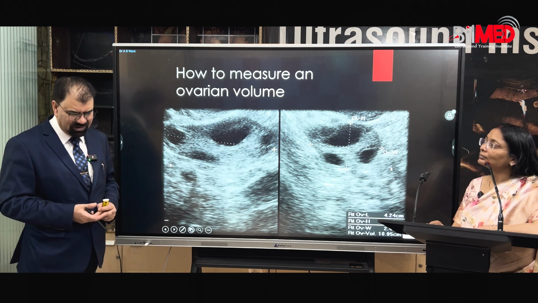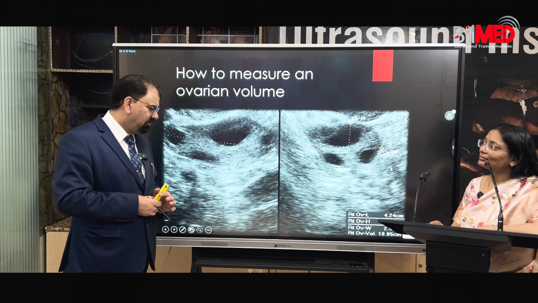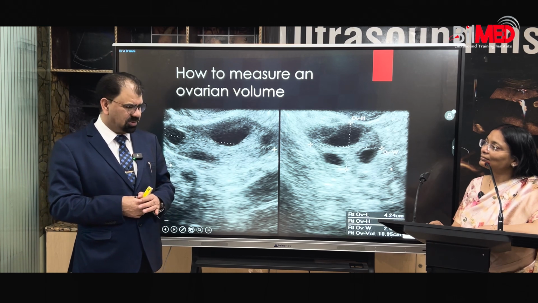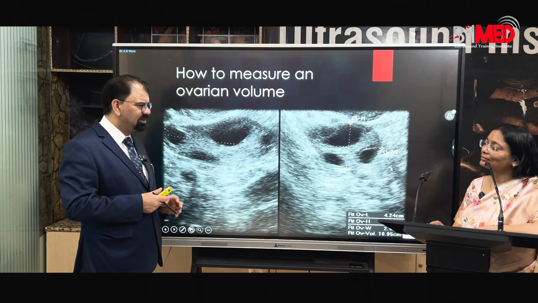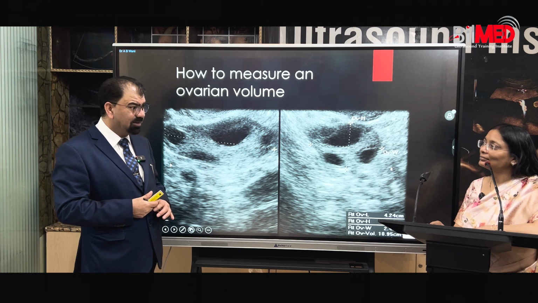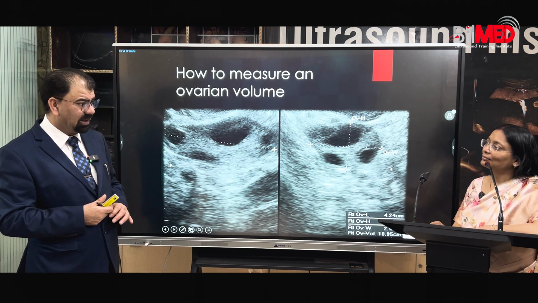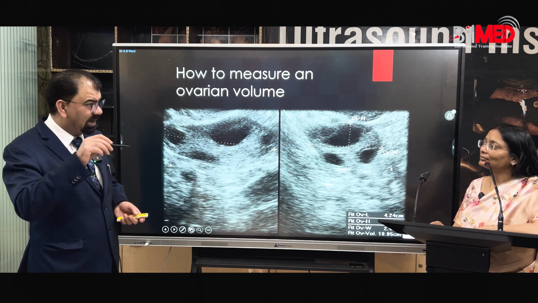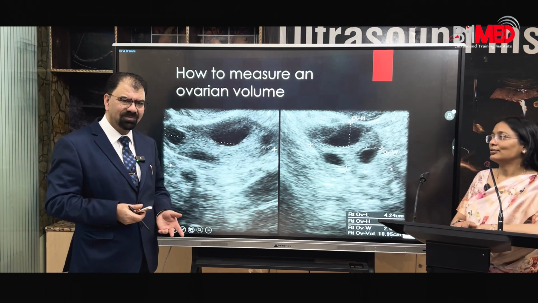Dr. Gunjan, tell me honestly, have you not seen a case which was labeled as PCOS, but when you investigated it thoroughly, the PCOD is tiny? And have you not seen a case which you thought would be labeled in red as PCOD and it came out normal? Yes, of course, so many times.